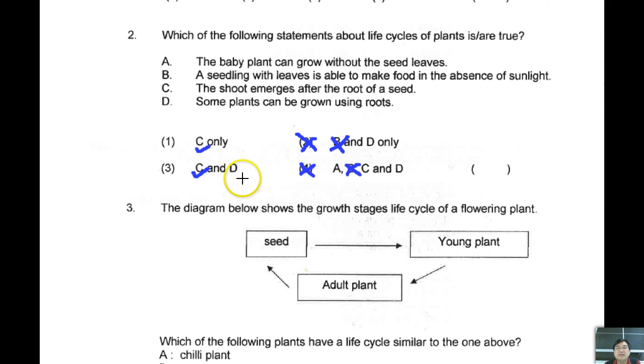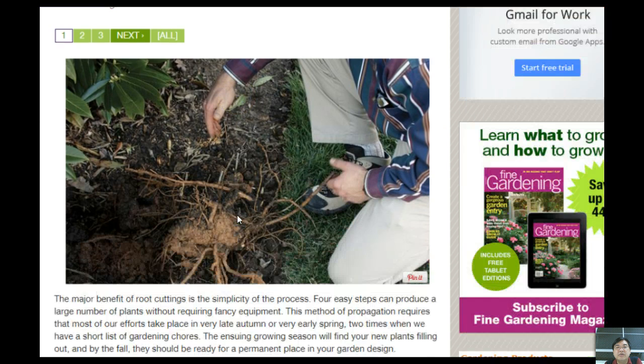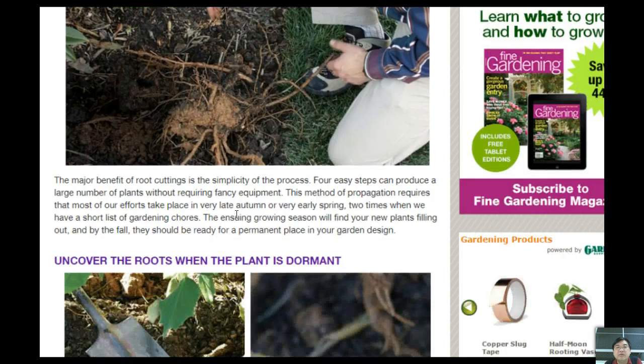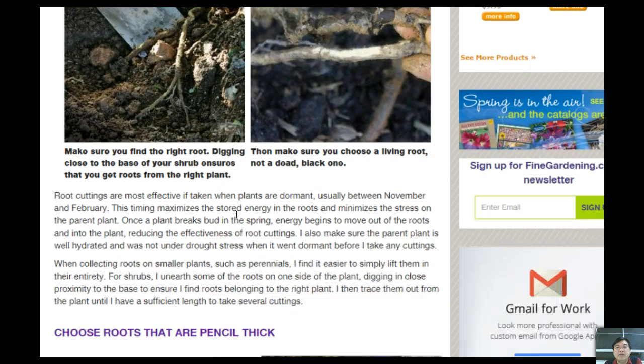Now let's take a look at D. Some plants can be grown using roots. Just hang on first. If you take a look through the internet, it says that you can grow more plants with root cuttings. It means that you can grow new plants from cutting the roots and planting them elsewhere, and the new plant will grow.